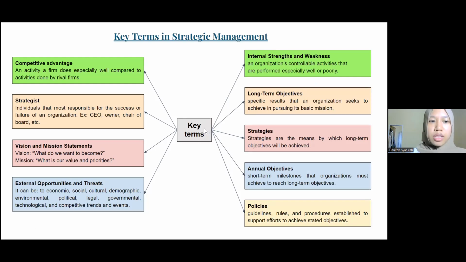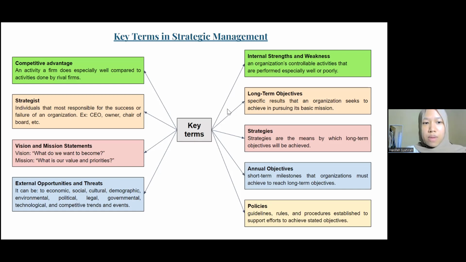The first is competitive advantage. Competitive advantage means something that the company has that is better than other competitors or rival firms. It is the thing that you do better than your competitor.